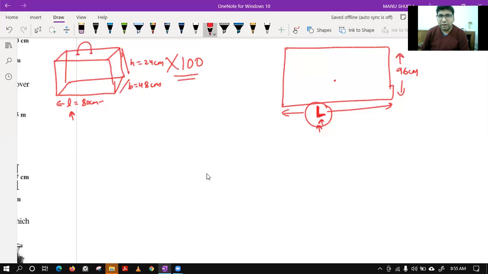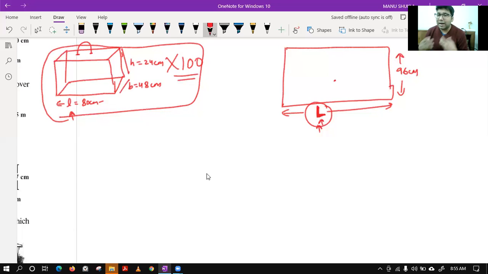We have 100 suitcases which are to be covered, and I have purchased just enough cloth to cover 100 such suitcases. So you tell me, how will you find this length, or which things will you equate of these two things?